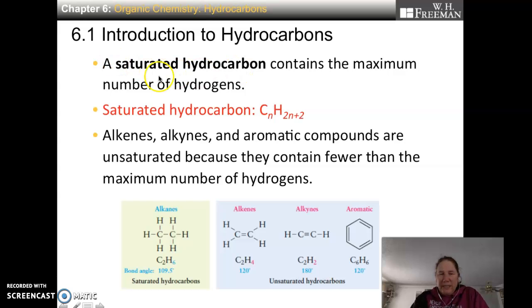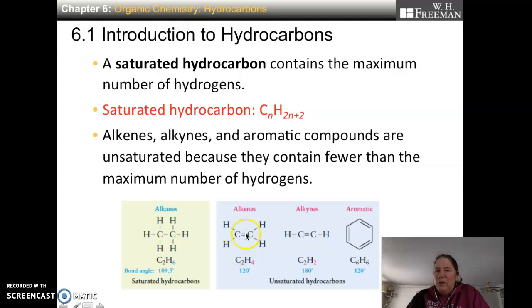Okay, here's some examples. Here's a saturated hydrocarbon. This is ethane. You can see that each carbon, because carbon needs 4, well, 1, 2, 3, 4, 1, 2, 3, 4, and you bond the 2 carbons together, and then you fill in the rest with hydrogen. This is an alkane. Over here we have an alkene.